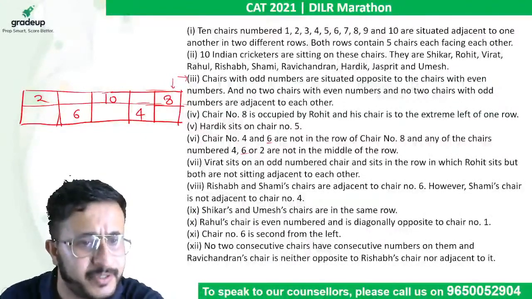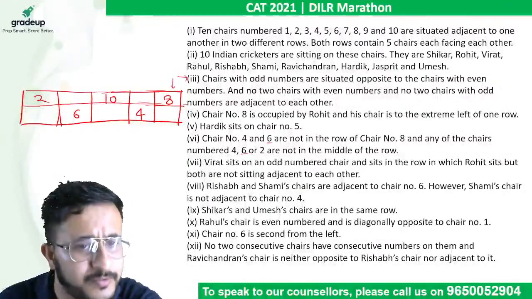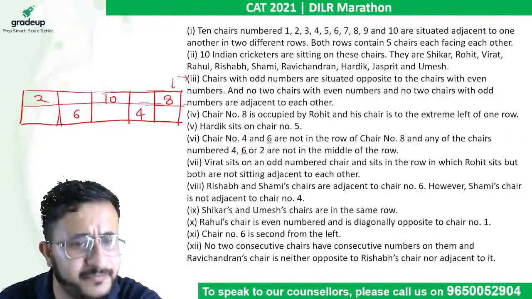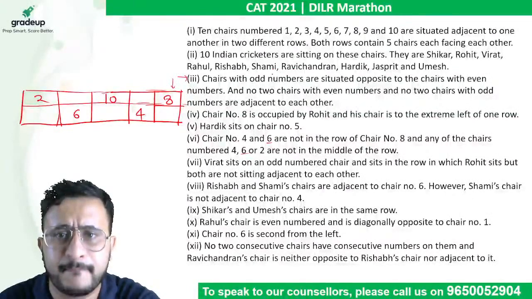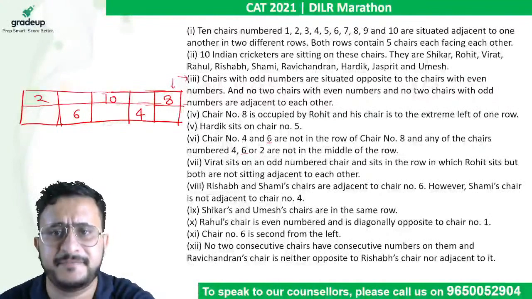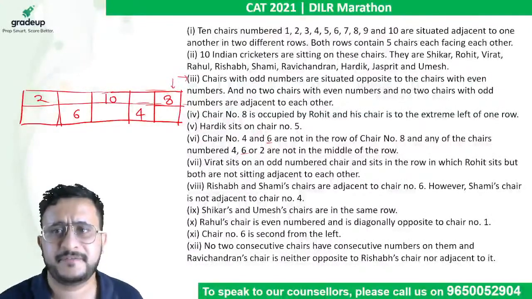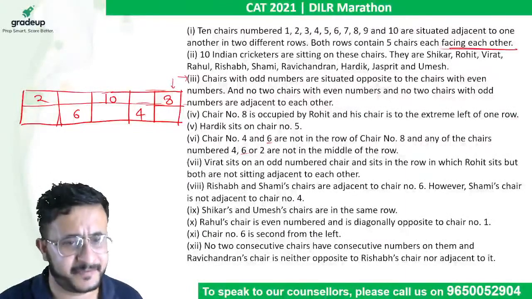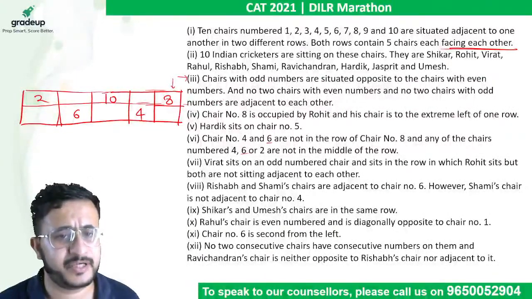We also need to come at time, so we'll schedule accordingly. Left and right will not be different from both rows' perspective, right? So no, they are facing each other, so left and right will be different. Okay, left side in one row and left in the second row.